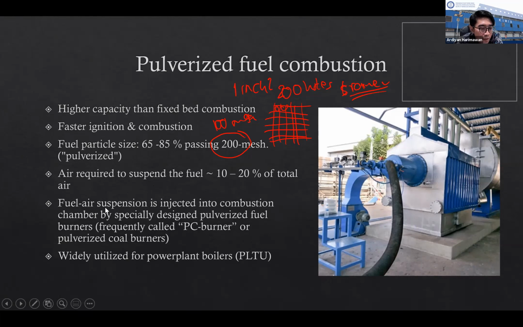The fuel-air suspension is injected into the combustion chamber by a specifically designed burner, what we call the pulverized fuel burner, or PC burner, which stands for pulverized coal burner. This type of burner or combustion system is now widely used in power plant boilers, or what we call pembangkit listrik tenaga uap, PLTU.